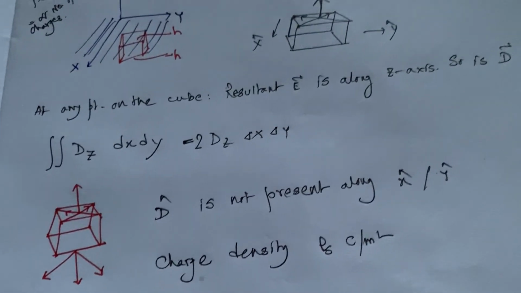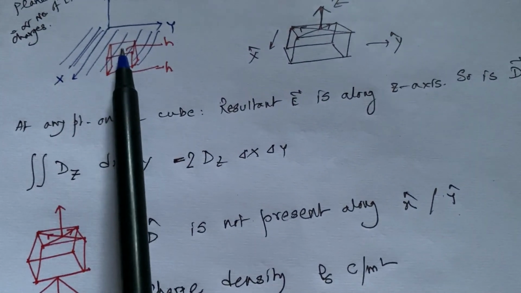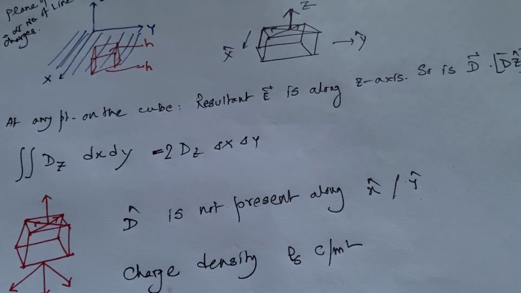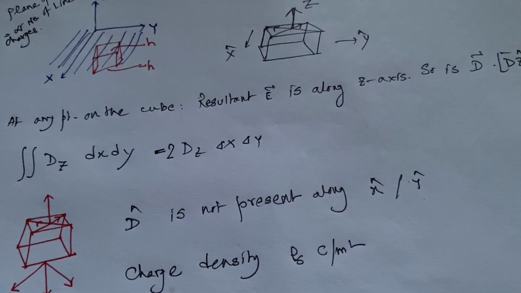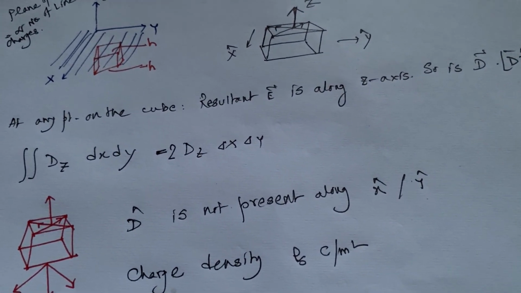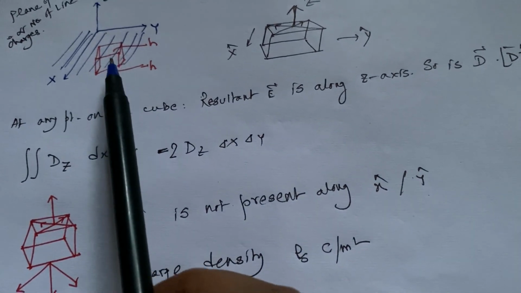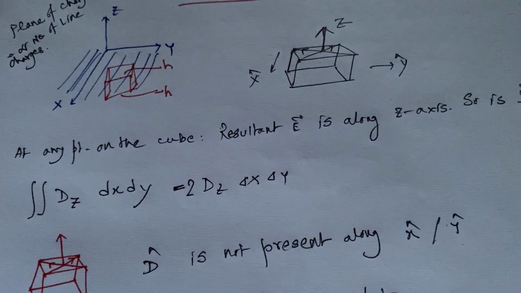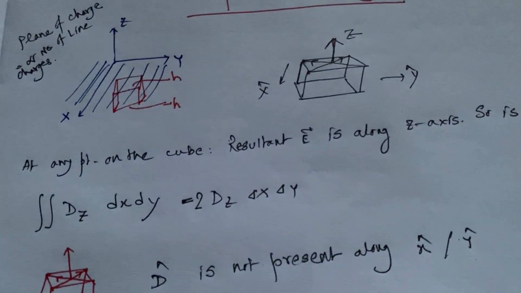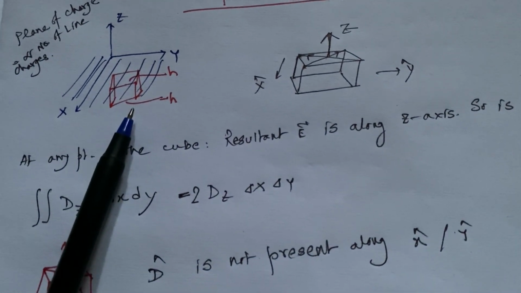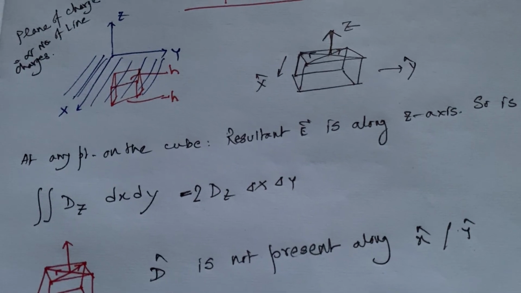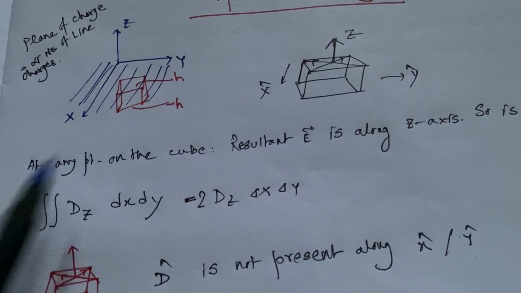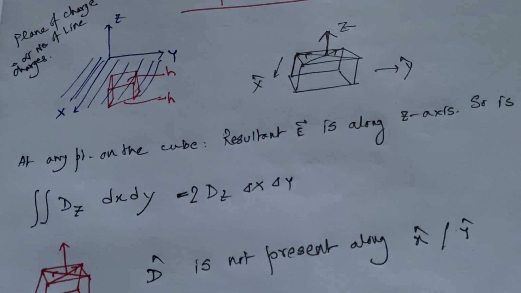So if we have an infinite sheet of charge, then the electric field intensity at just 1 centimeter away from this sheet is exactly the same, theoretically, as at a point 1 kilometer or maybe 10 kilometers from the sheet of charge. This is a very interesting result.